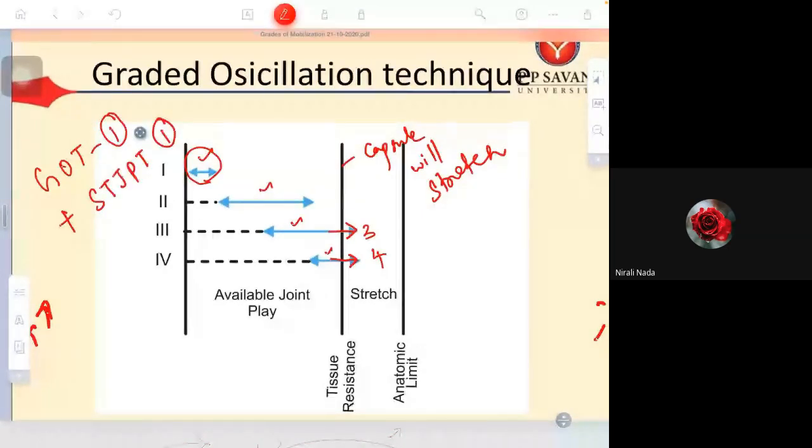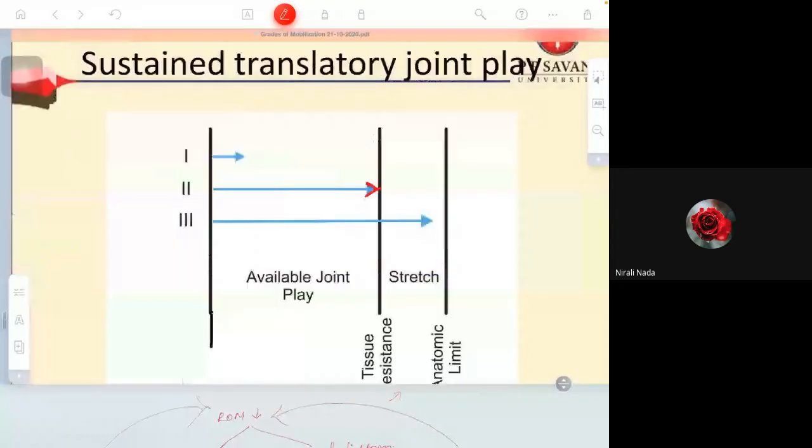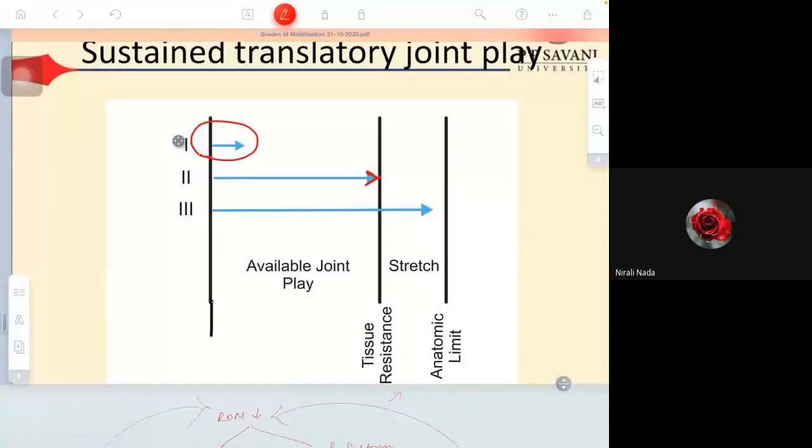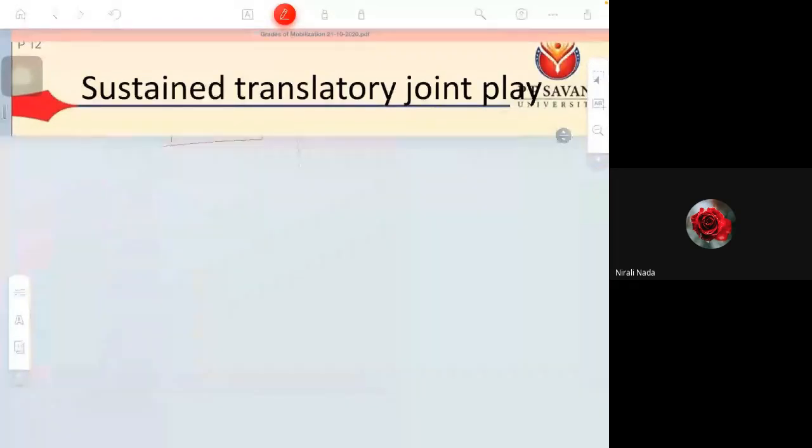If you are not understanding, let me know. So again I will repeat: this grade is used with all 1, 2, 3, 4 grades of the oscillatory technique. Okay, I'll make it more clear.